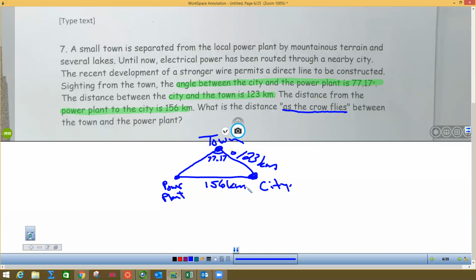And then the question is, what is the distance between the town and the power plant? Where the distance is between the town and the power plant, I'm going to put an X. That is what I want, that distance right there. Can anyone tell me what are the three parts of the triangle they gave to us?